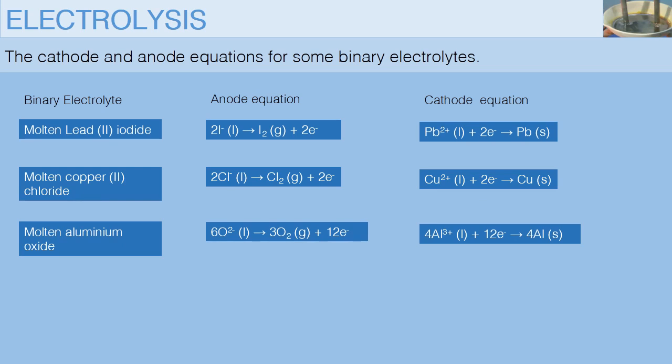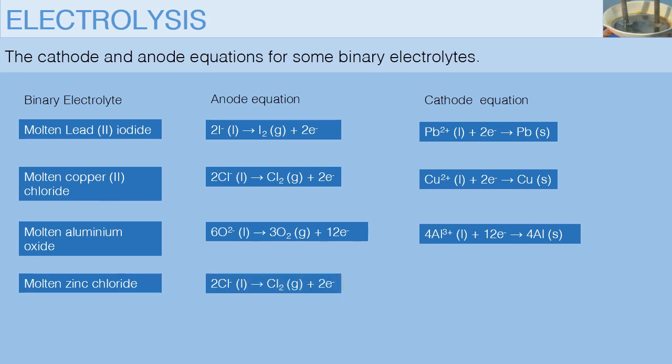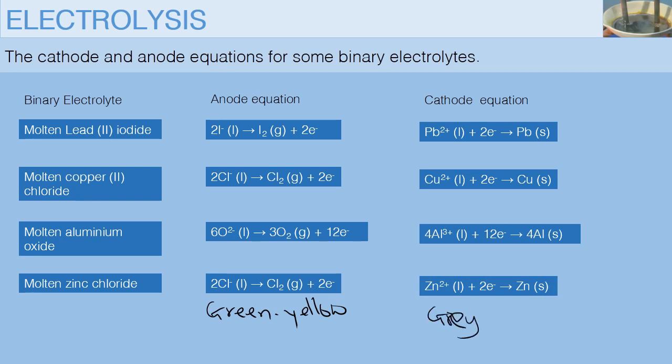For zinc chloride, we'll observe a green-yellow gas at the anode and a gray bead of zinc metal. Electrolysis is used in the extraction of metals such as sodium and aluminium.